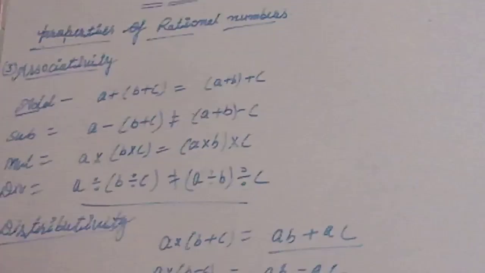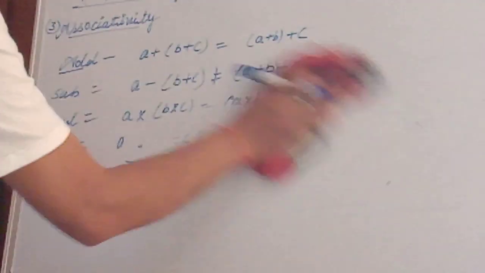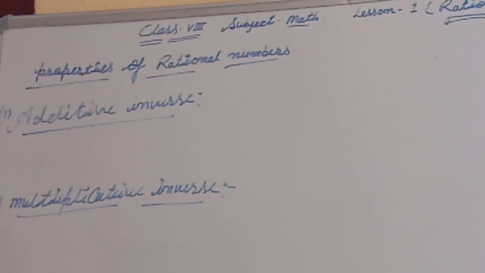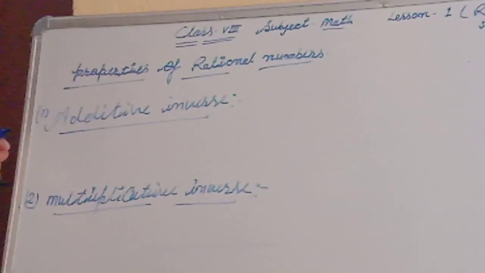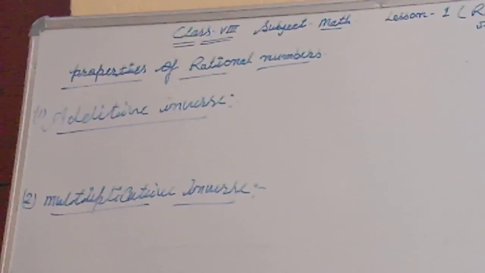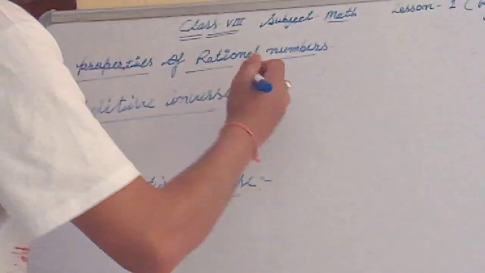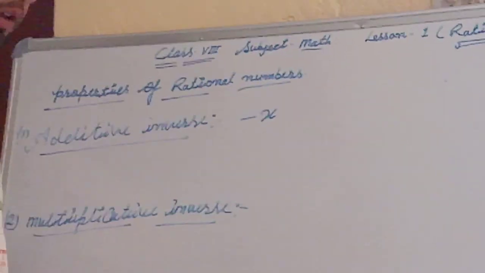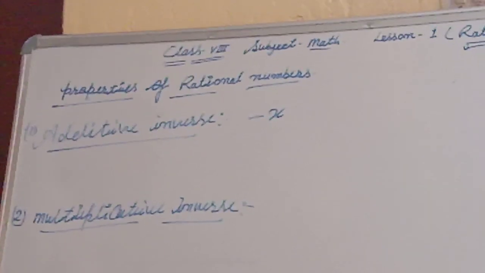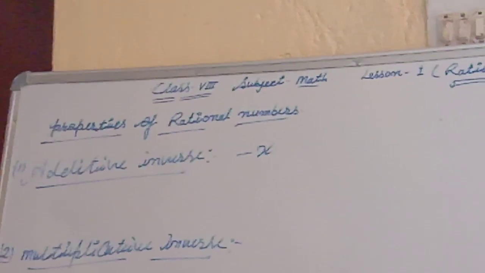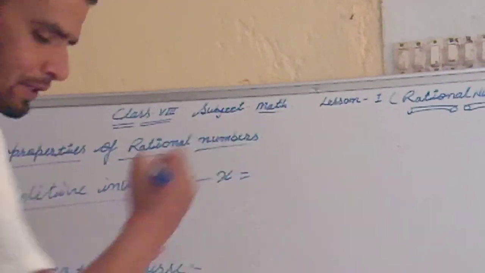Okay everyone. Now the inverse. Start with the additive inverse. If any rational number, for example minus x, is negative of each other, then for the additive inverse there will be a change of sign.